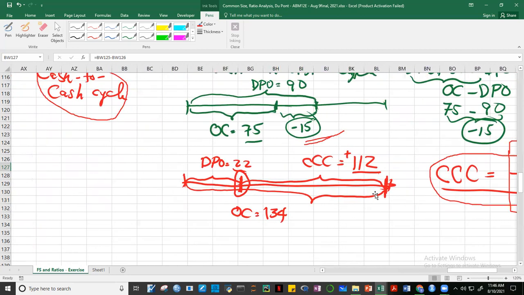Ito naman on the other side yung other extreme, itong malaking positive na CCC. That's not also a good way to do business, no? Na masyadong malaking financing natin para sa payables natin. Because that will entail more interest for the company. And ibig sabihin din yan, guys, ang pangit ng performance natin, operating cycle natin, kasi masyadong malaki.